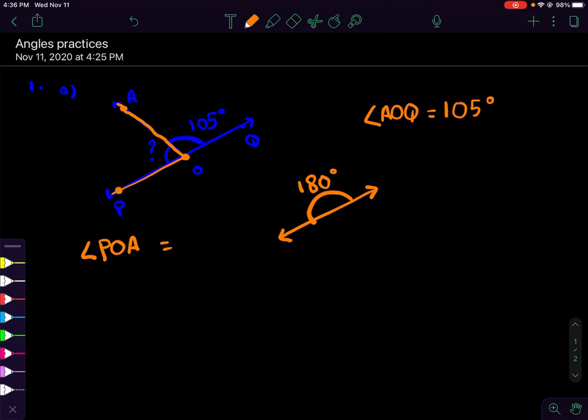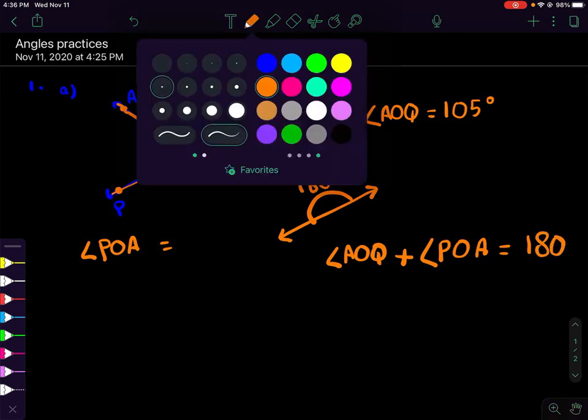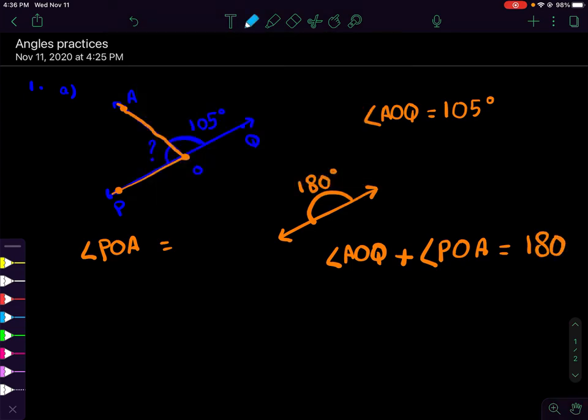So knowing that rule, we know angle AOQ plus angle POA equals to 180. Correct? That means this angle plus this angle gives us 180.